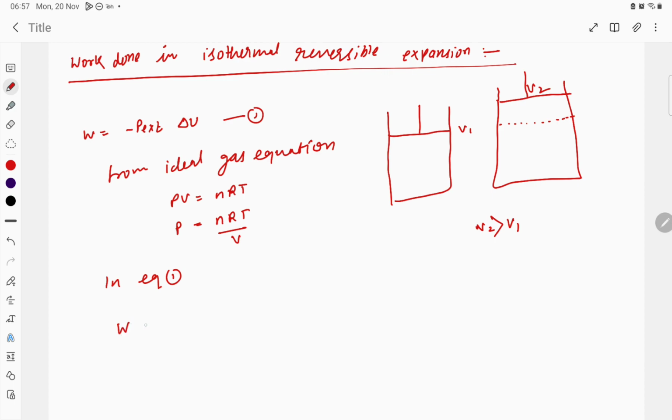So in equation 1, W is equal to, we are going to integrate, minus sign, here is nRT by V and dV. Delta should not be used because it's a small volume change. This is the dV we are considering.